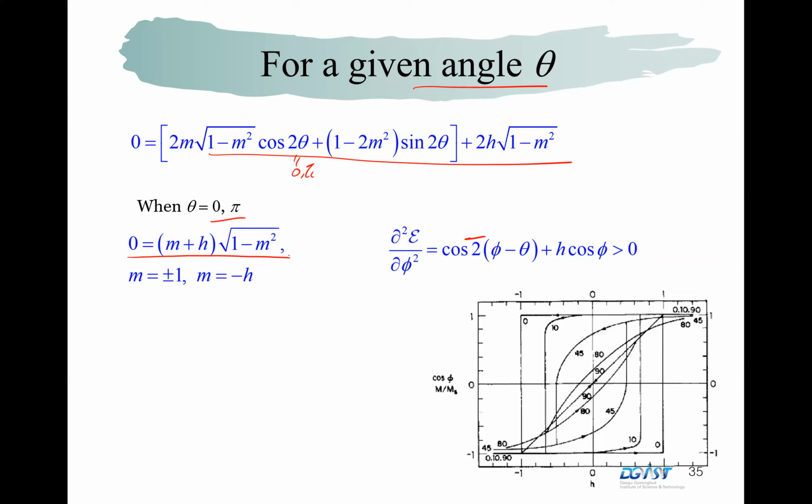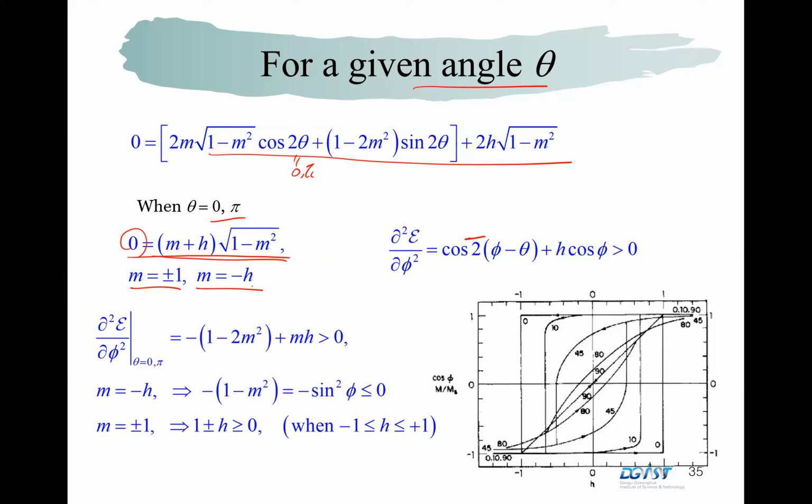Then, how can you make this 0 in this equation? There are two ways. One is m is plus or minus 1, or m is minus h. And m is plus or minus 1 means the magnetization direction is 0 or 180 degrees.